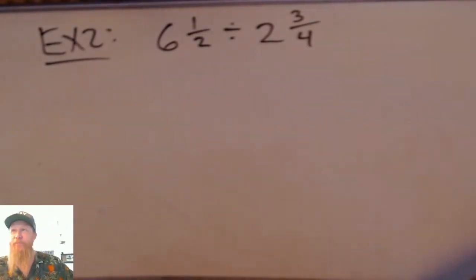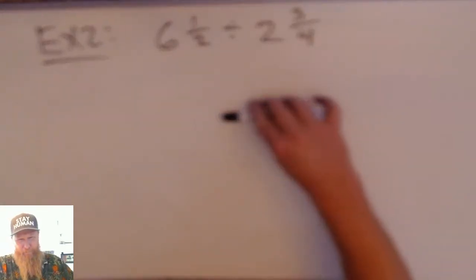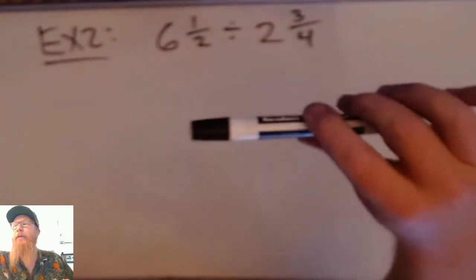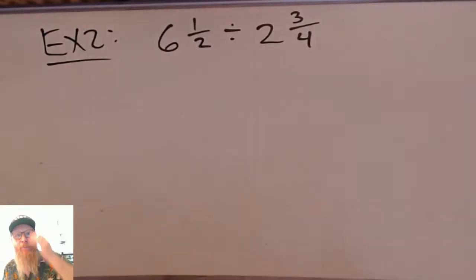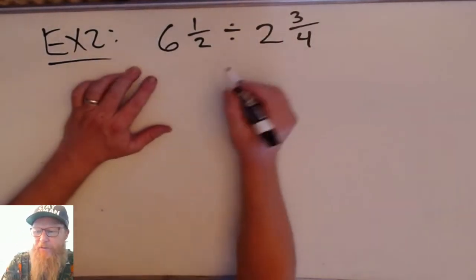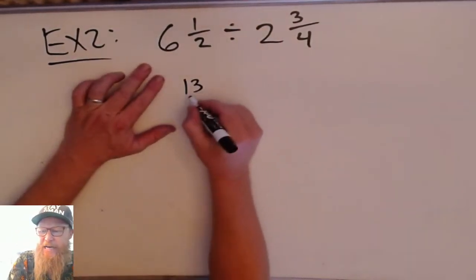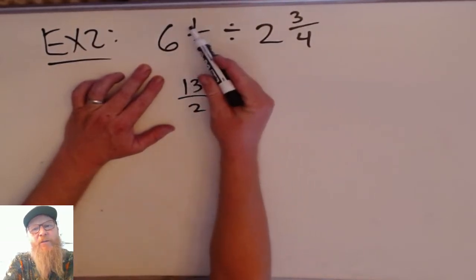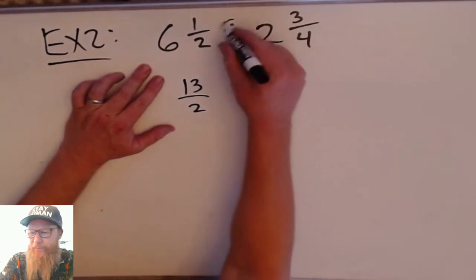Come on back. I just made it worse. There we go. All right. So let's turn these into impropers. So that would be 13 over 2. Yeah, 2 times 6 is 12, plus 1 is 13 over 2.